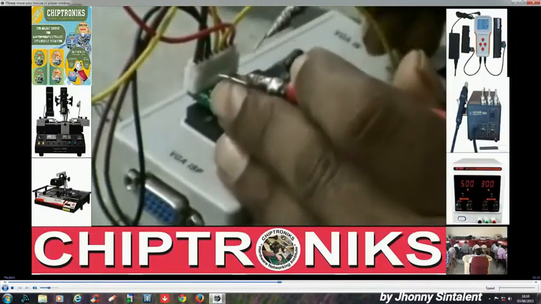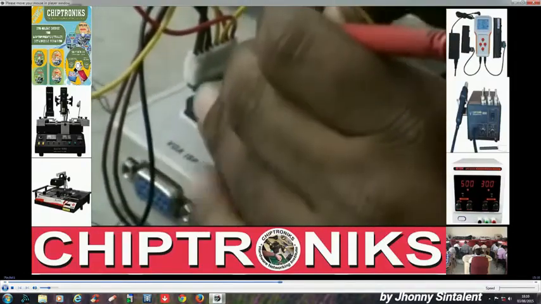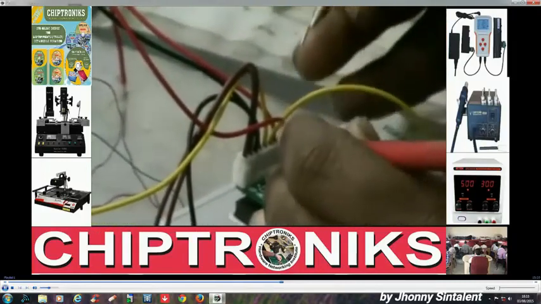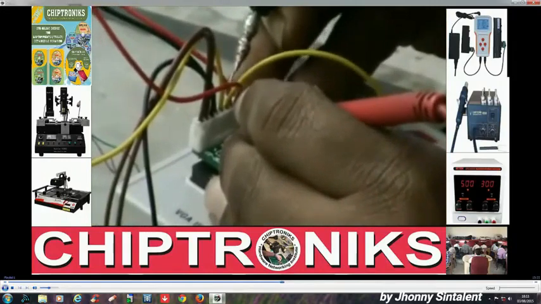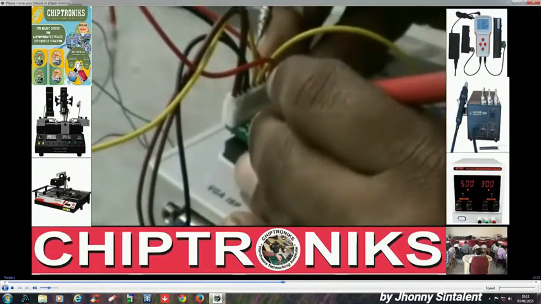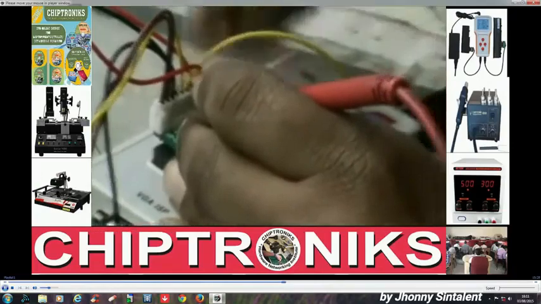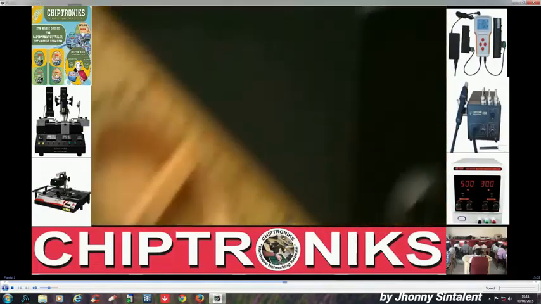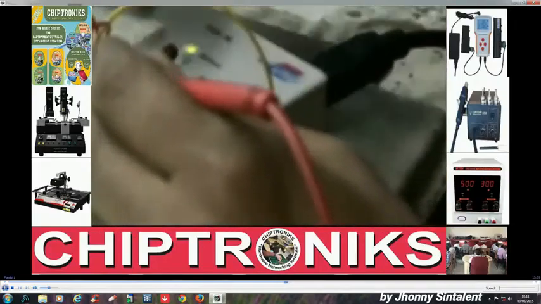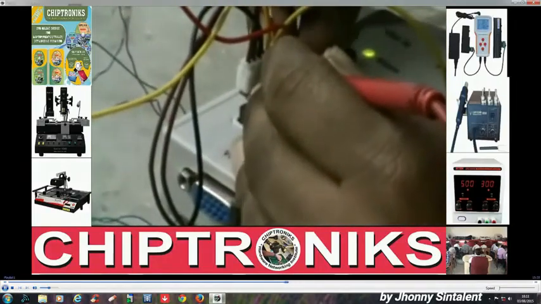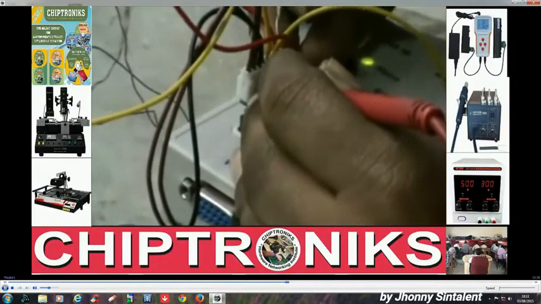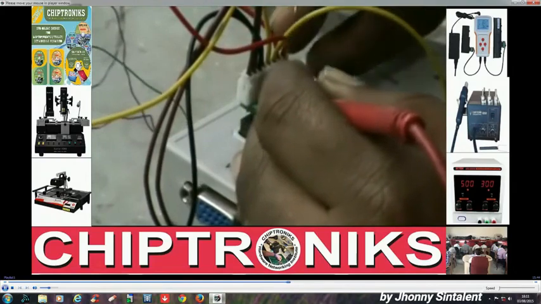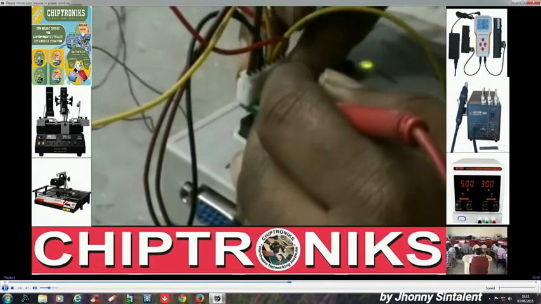And these 8 pins are connected over here. You can see pin number 1 and 1 is connected, pin number 2 and 2 is connected, and pin number 3 and 3 is connected. I have put my buzzer in the continuity mode, and pin number 4 is connected, and pin number 5 as well.